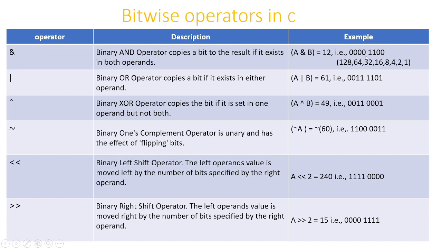We have used an 8-bit representation, and the last bit represents 1, 0 into 1 that is 0, 0 into 2 that is 0, and 1 into 4 that is 4, plus 1 into 8, that is 4 plus 8, that is 12. That is, 12 is represented in binary notation. So this is how it works.